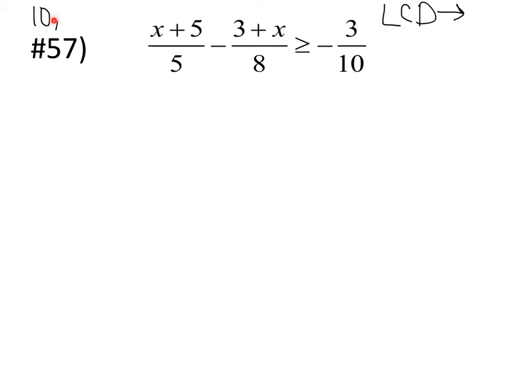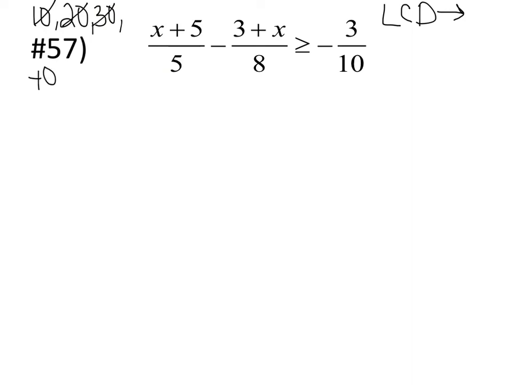Does 8 go into 10? No. So go to the next one. Try 20. Does 5 go into 20? Yes. Does 8 go into 20? No. Try the next one. 30. Does 5 go into 30? Yes. Does 8 go into 30? No. Try the next one.